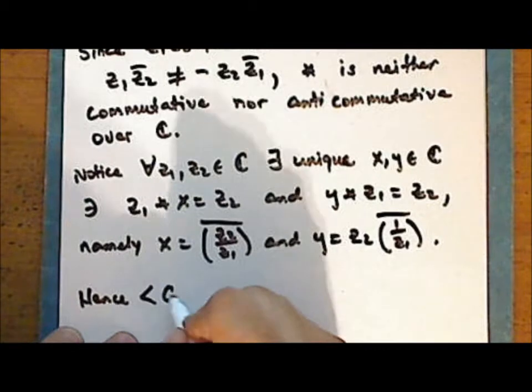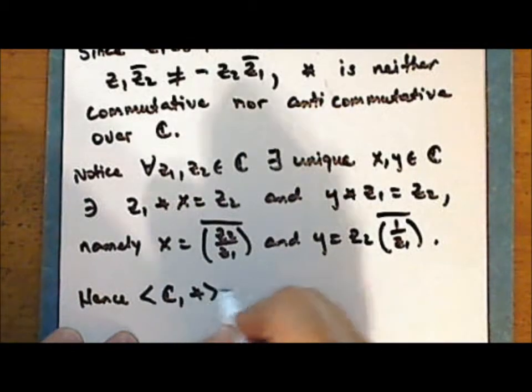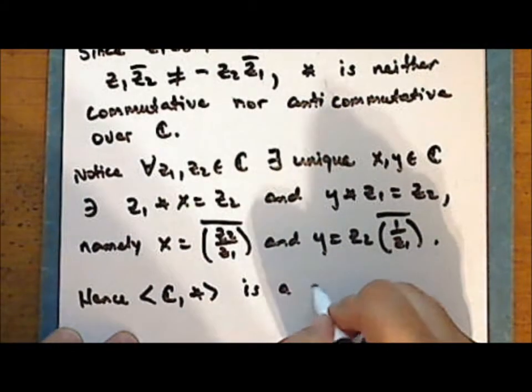And hence the complex numbers under this binary operation star is a quasigroup.